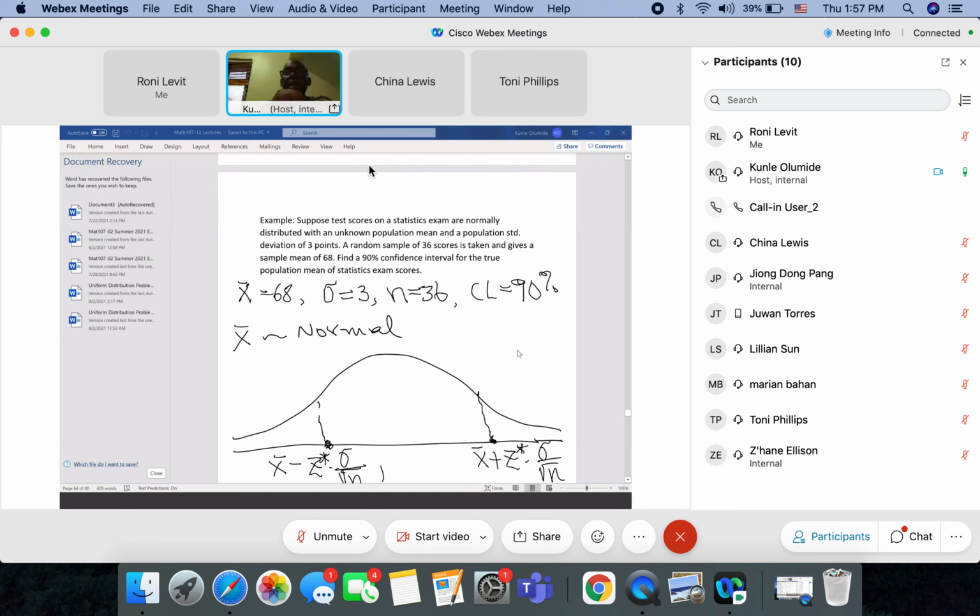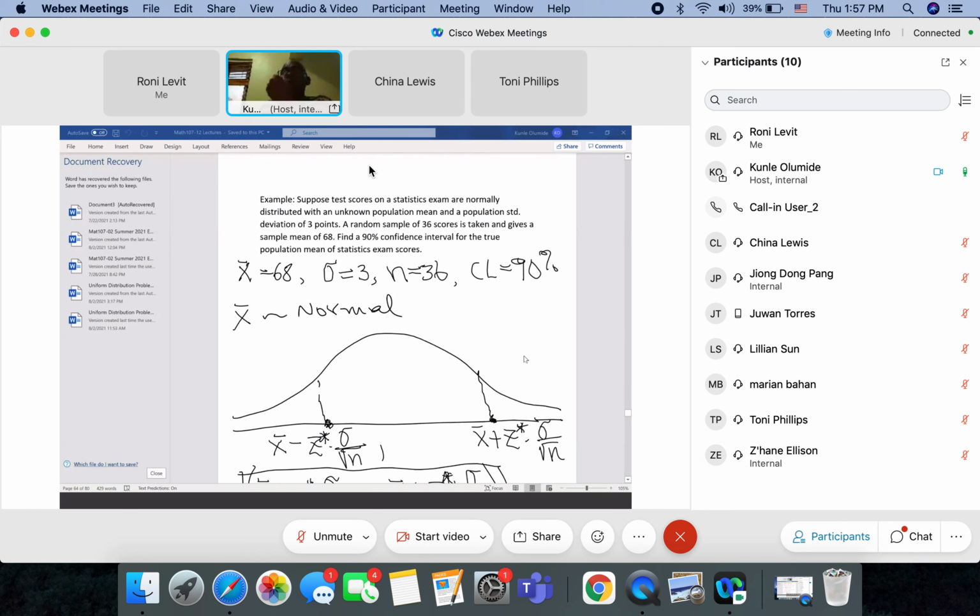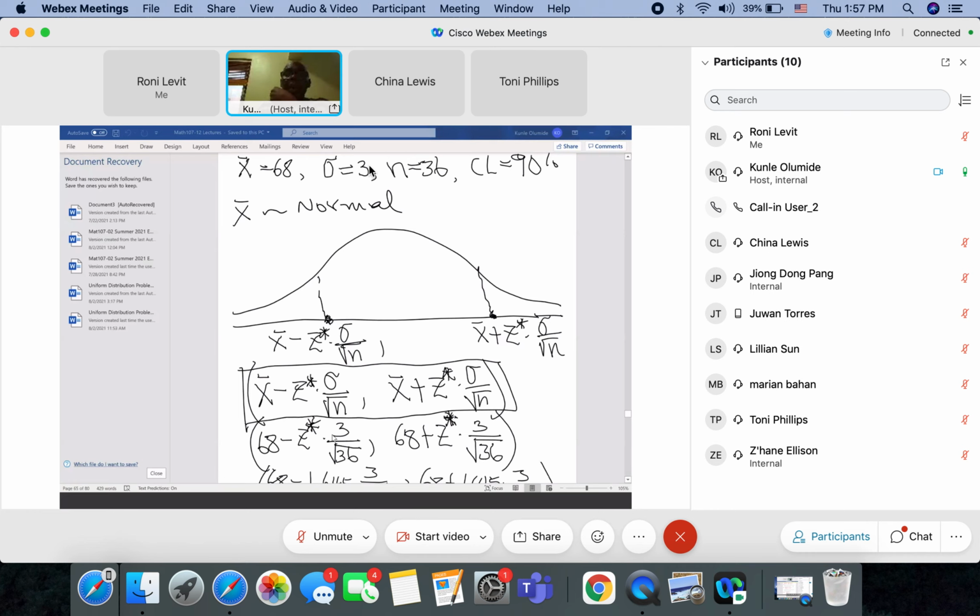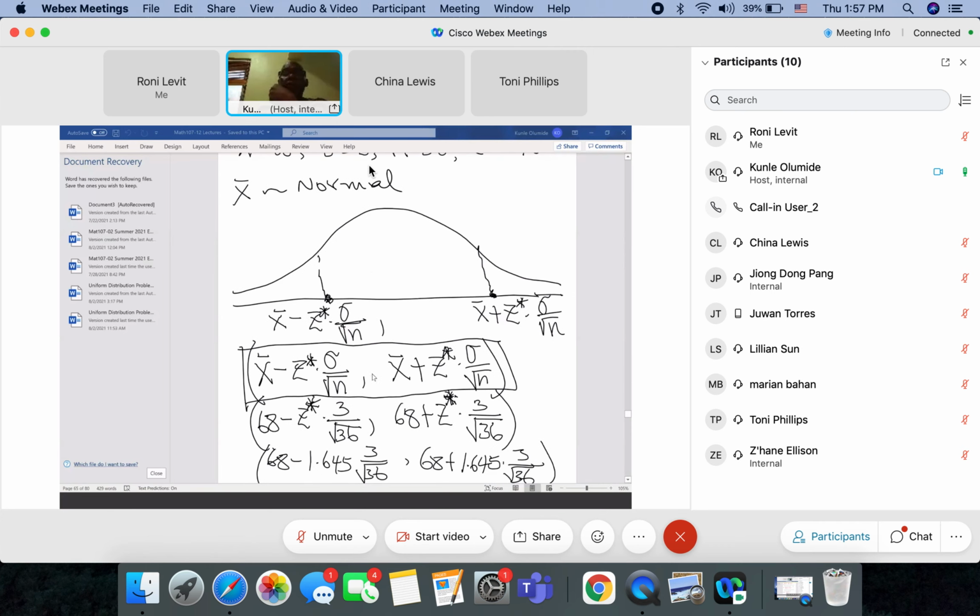We know X bar will be normal, either because the population distribution is normal or because of the central limit theorem if we do not know the distribution of the population. So sigma is 3, N is 36, X bar is 68, and the confidence level is 90%, which gives you 1.645.